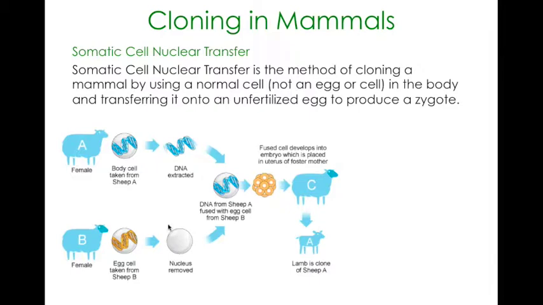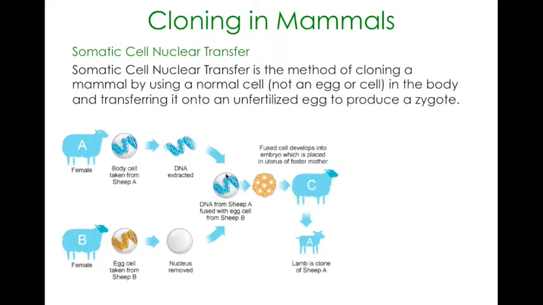You remove the DNA, so that it's this kind of blank, empty cell. You take the DNA of one cell and you fuse it with the shell of another cell. So you now have the DNA from sheep A fused with the egg from sheep B, and that is a fertilized egg.